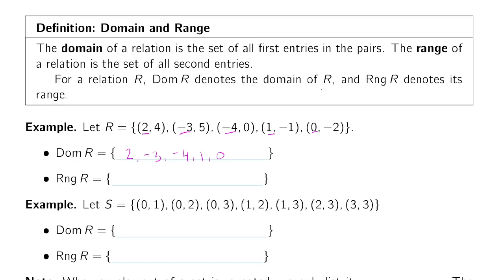And then its range consists of all the second entries. So we have a 4, we have a 5, we have a 0, we have a -1, we have a -2.